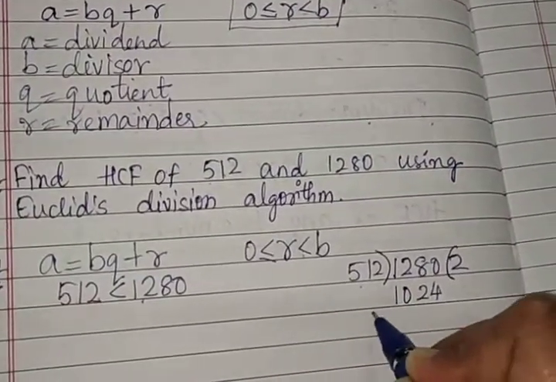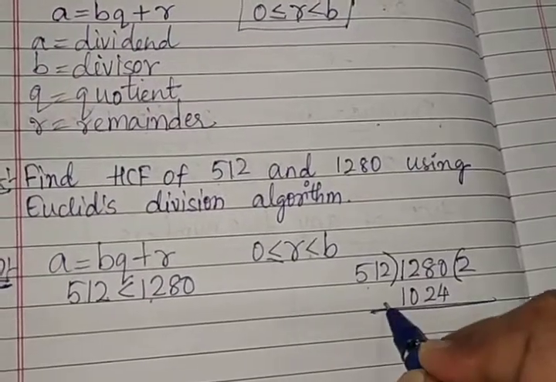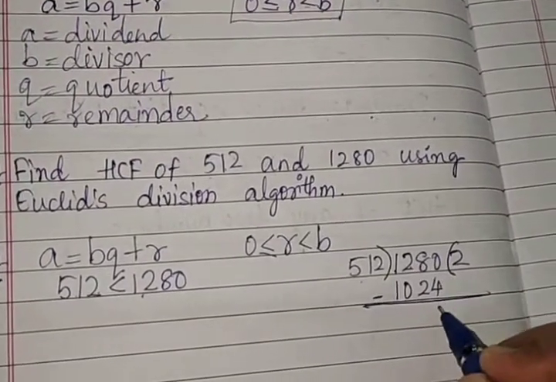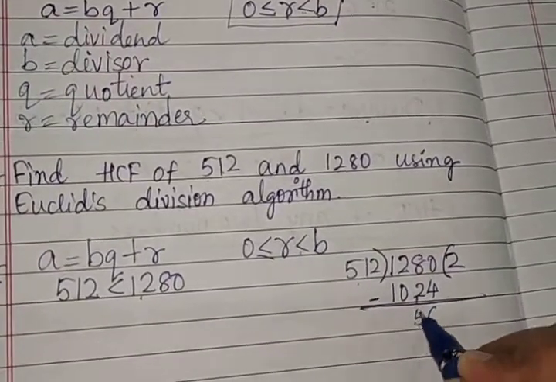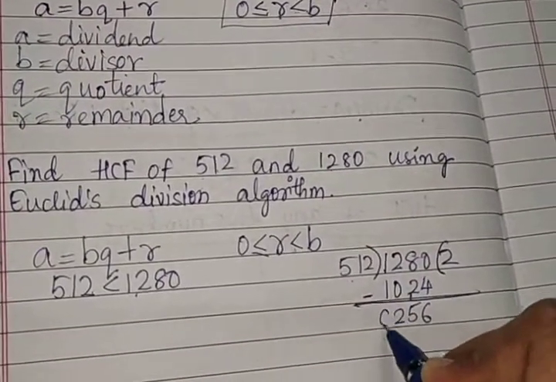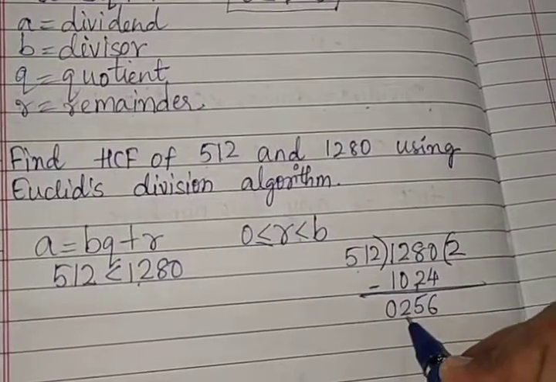And now we know the division rule, we have to subtract. The remainder will be 256.